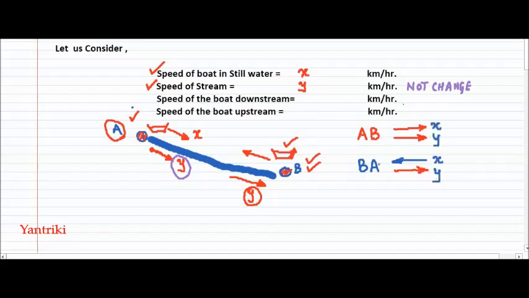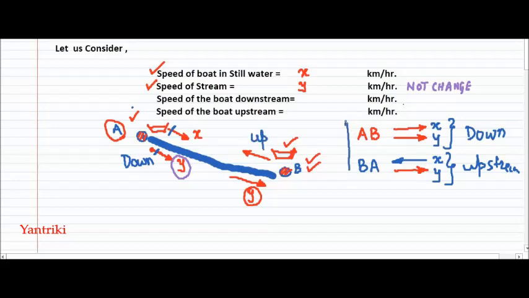We get two conditions, that is from point A to B and from point B to A, आना और जाना वापस. This condition is called downstream condition and this one is called upstream condition. When both the speed of boat and speed of stream are in the same direction, I will call it downstream, and when the boat is going back, that is against the flow of stream or current, then this is called upstream.